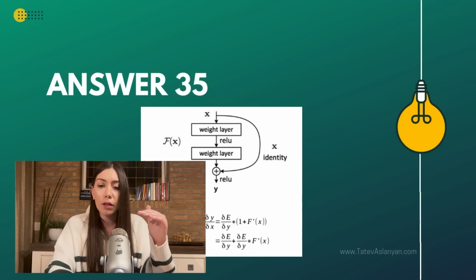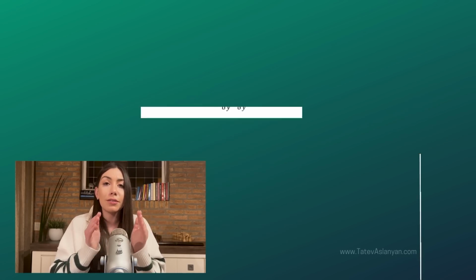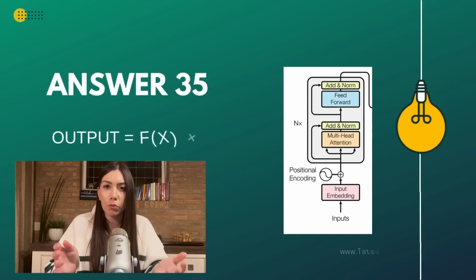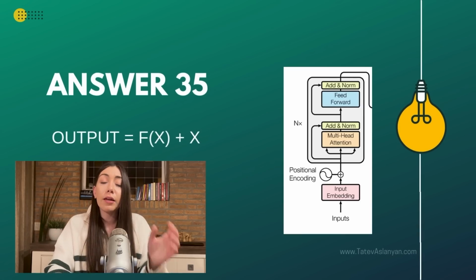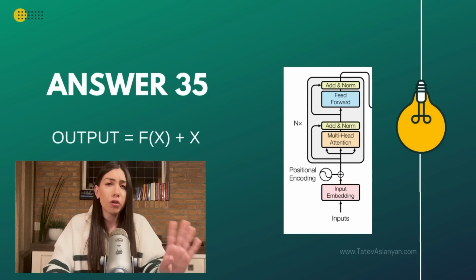And then after that, we are transforming this into queries, keys, and values, if you're familiar with the transformer model. And then this goes as an input to the multi-head attention layer. So if you're not familiar with this architecture of transformers, just forget about that.